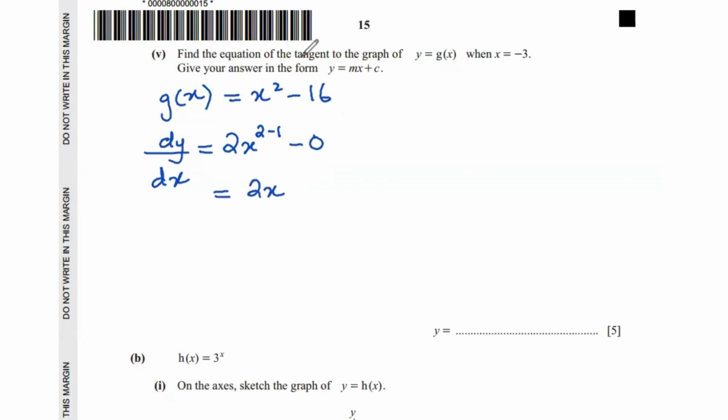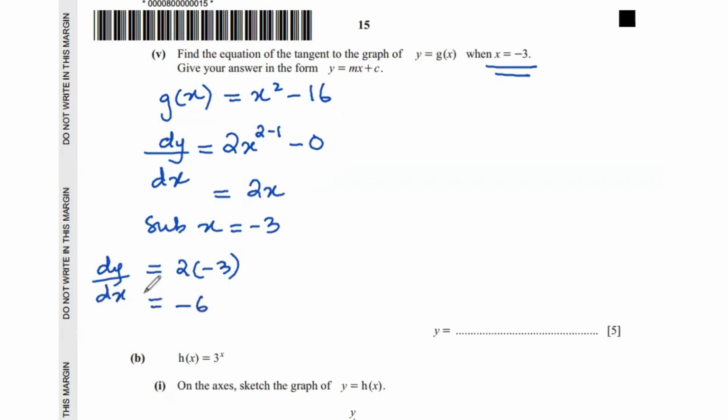Now it says that we need to find the equation of the tangent at the point x equals -3. So that means we substitute x equals -3 in the equation. That's going to be 2 times -3 for the dy by dx, and that gives us -6. Now this is your gradient of the tangent.